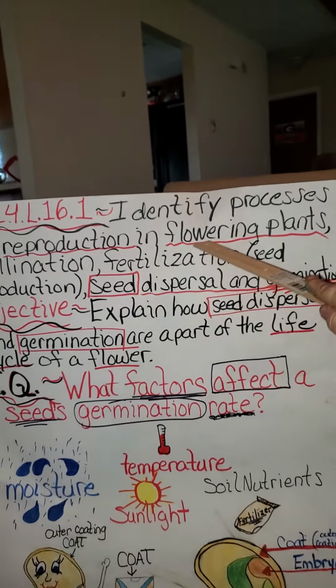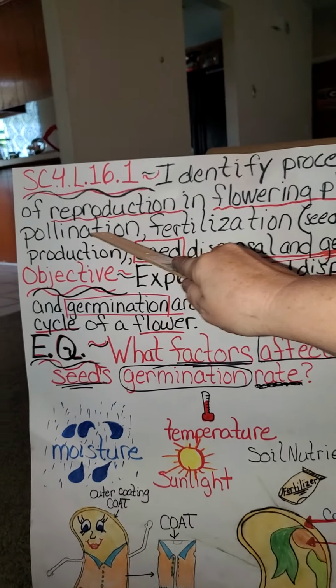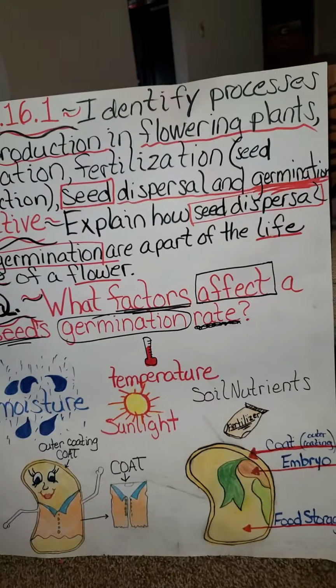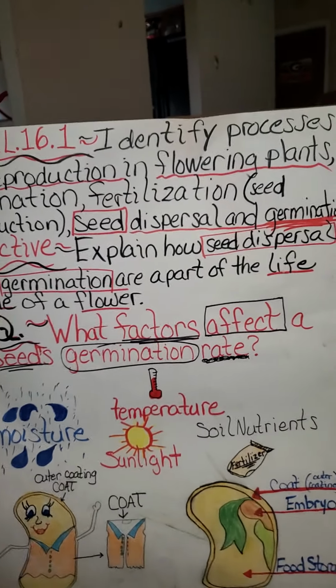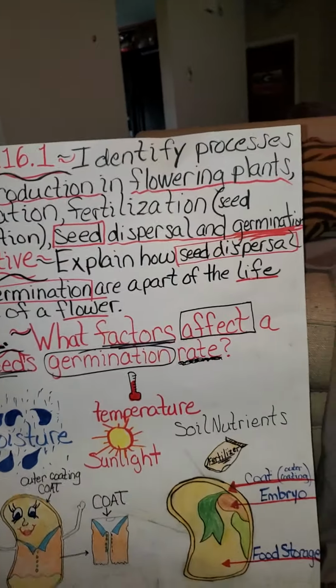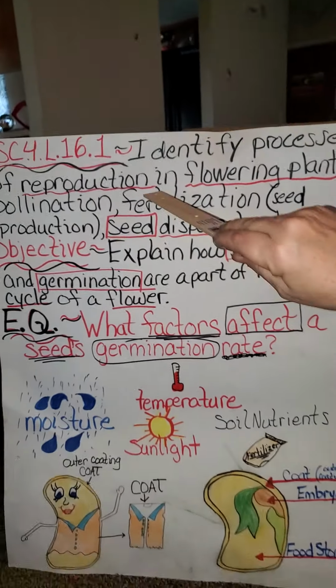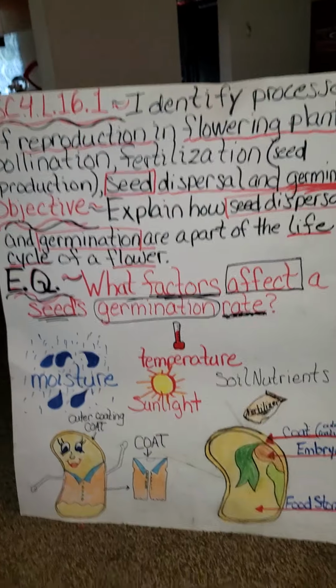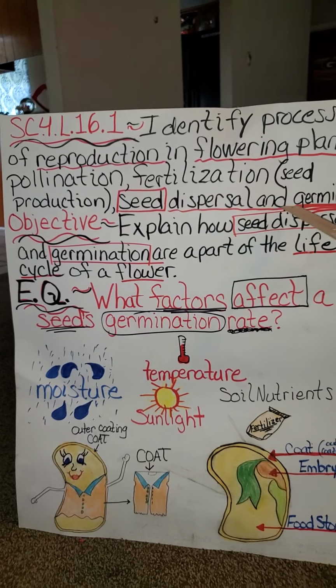So the reproduction in flowering plants: pollination, which you see tons of. That's probably why we've all been sneezing, eyes itching, all that green and yellow stuff all over the cars and windows. It's so gross. Fertilization, seed production, which is what we're working on right now, seed dispersal and germination.